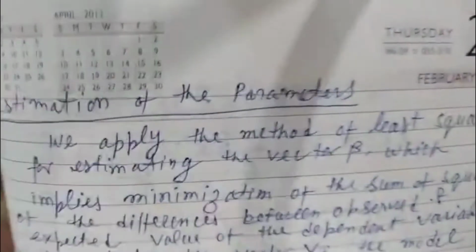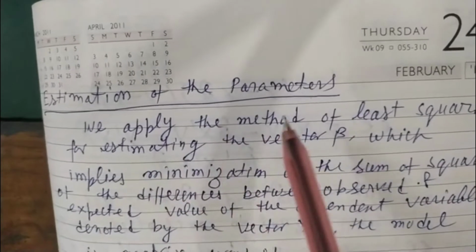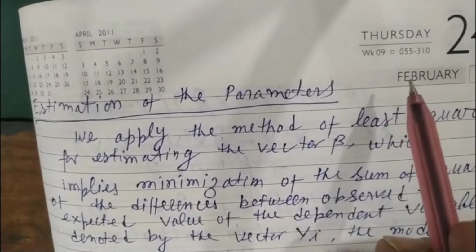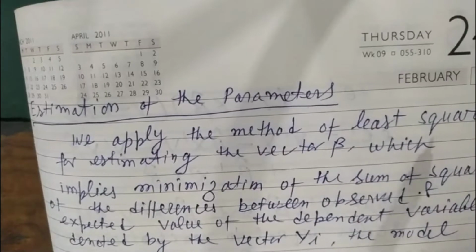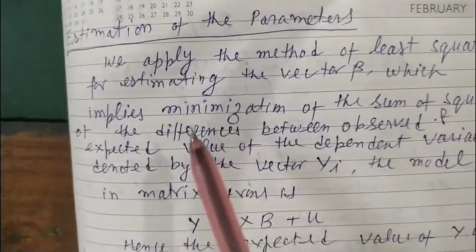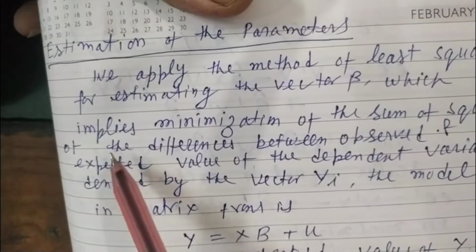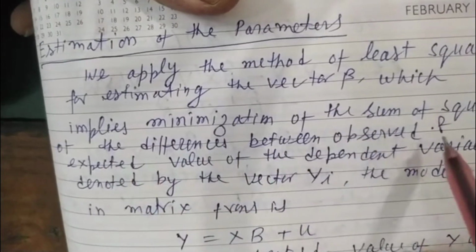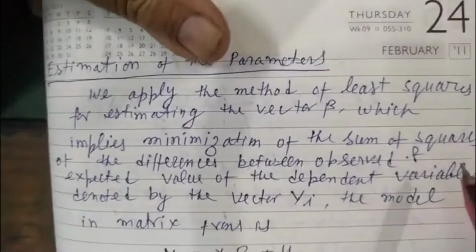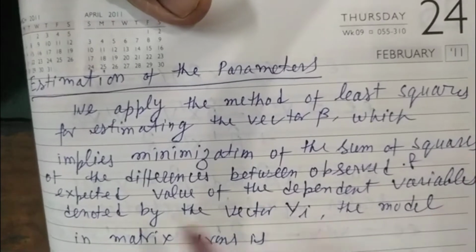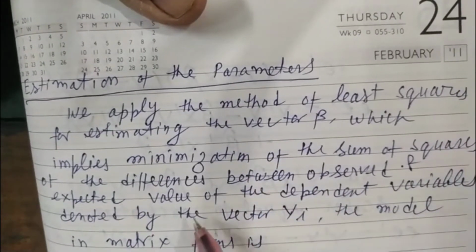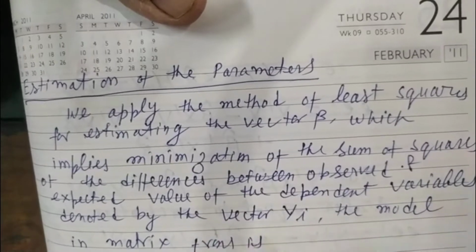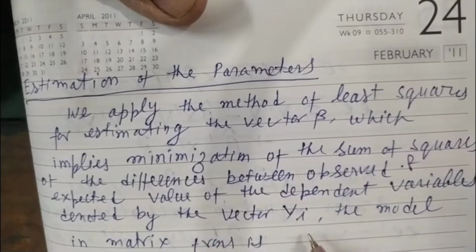Estimation of these beta parameters with the help of the ordinary least squares method implies minimization of the sum of squares of the differences between observed and expected values of the dependent variable, denoted by capital Yi.